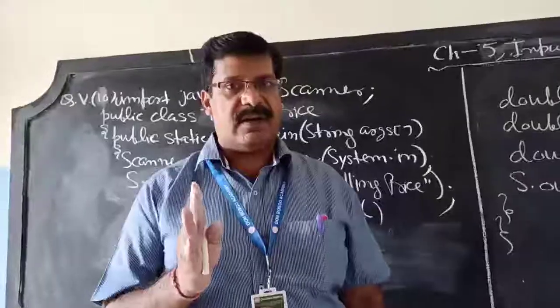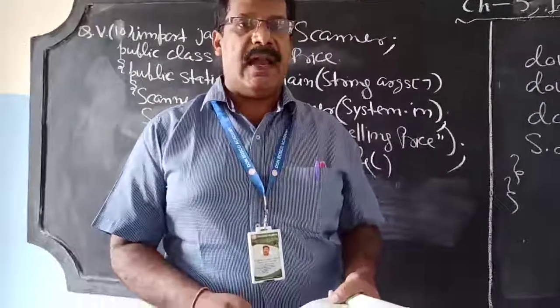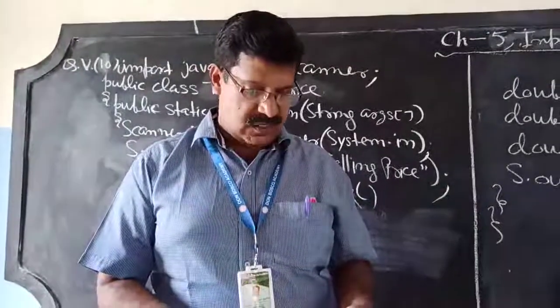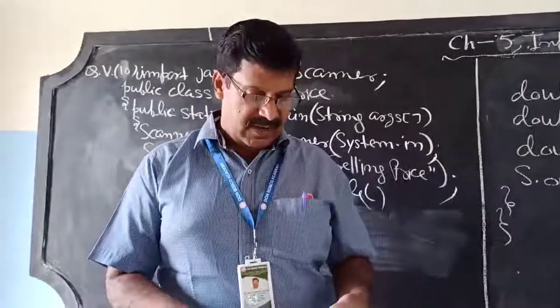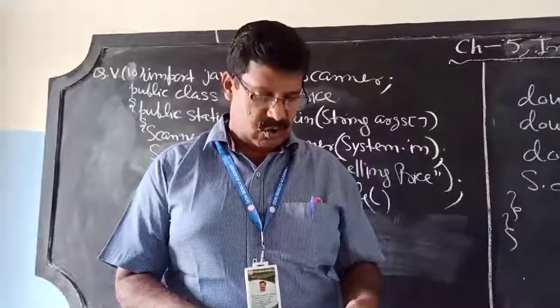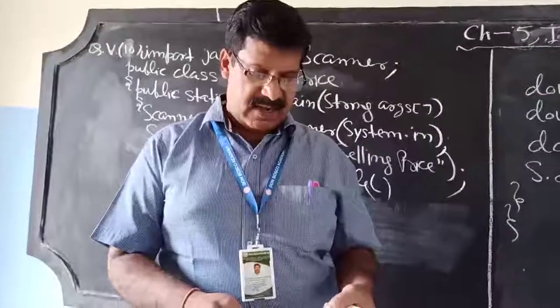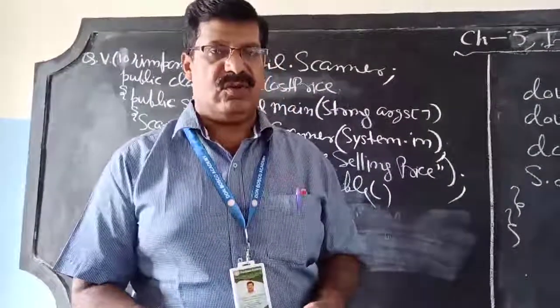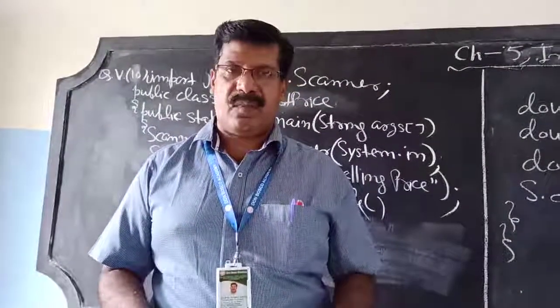Now write a program to find and display his total cost price of the calculators by taking their selling price as input. The question is asking that we have to input the selling price.